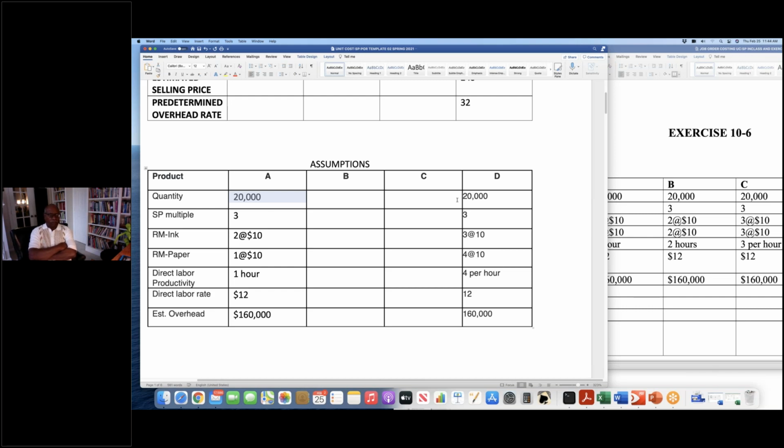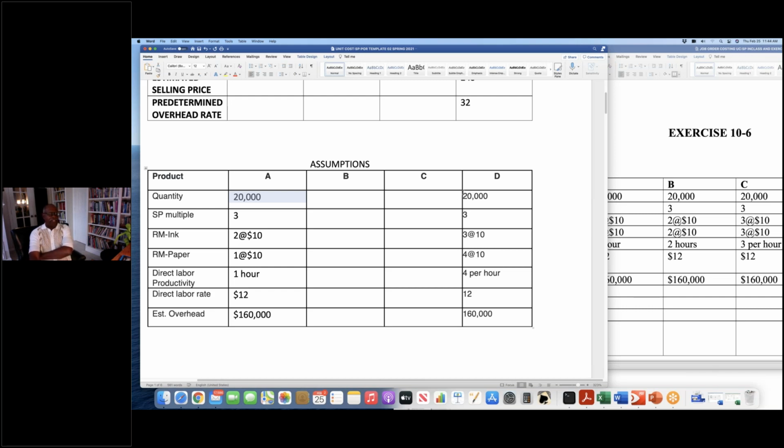The multiple selling price is 3. And then for our ink, it is 2 for 10, and for paper it is 1 for 10. Then our direct labor takes 1 hour, the productivity is an hour, and the direct labor rate is $12.